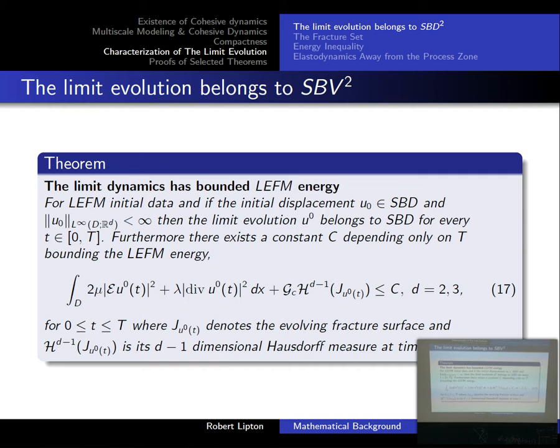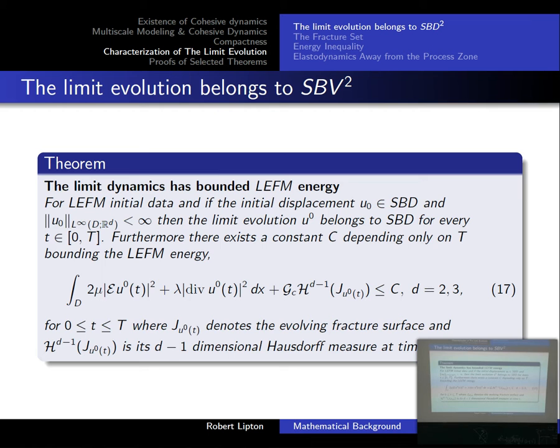And so we observe that the limiting fracture surface is bounded. This is the Hausdorff measure of that set, and it's bounded. So for each time, J of t denotes the evolving fracture surface, the jump set.